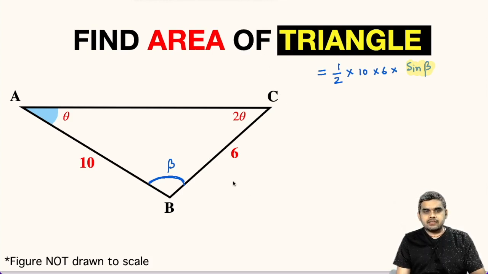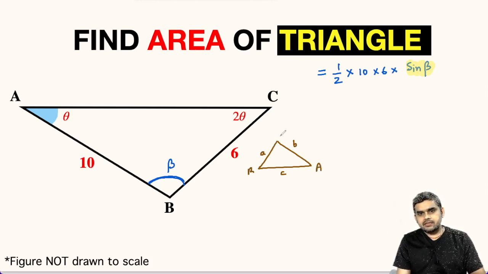For that, let us apply law of sines in triangle ABC. So we know that if we have a triangle where the three sides are a, b and c respectively, say this is vertex A, this is vertex B and this is vertex C, then according to law of sines, a upon sine of angle A is equal to b upon sine of angle B is equal to c upon sine of angle C. So if a is selected, then the opposite to this, the angle is capital A, this angle.